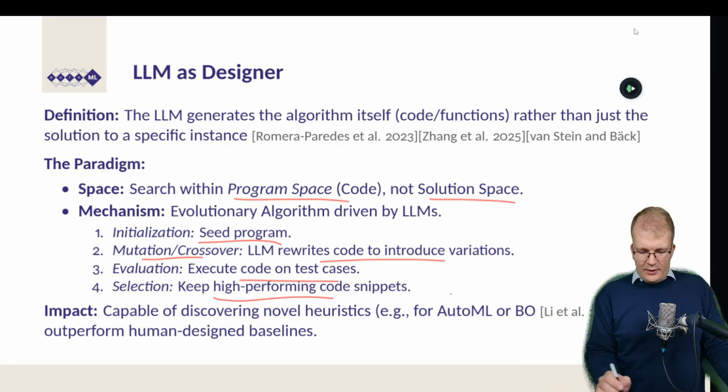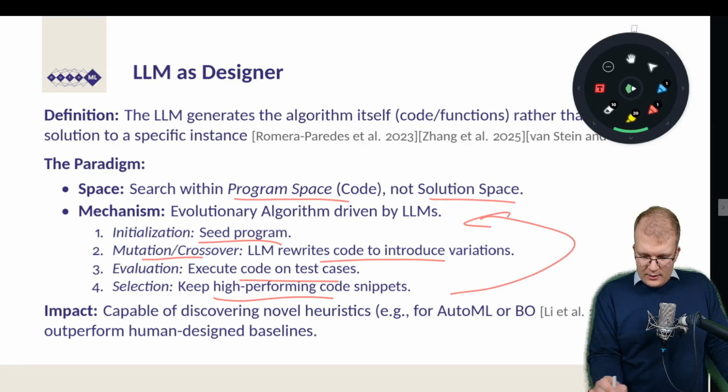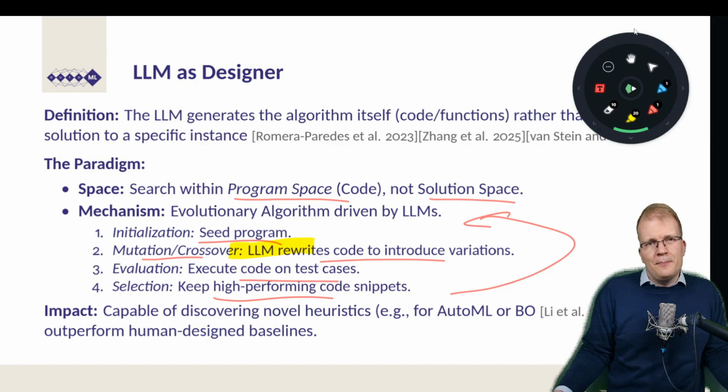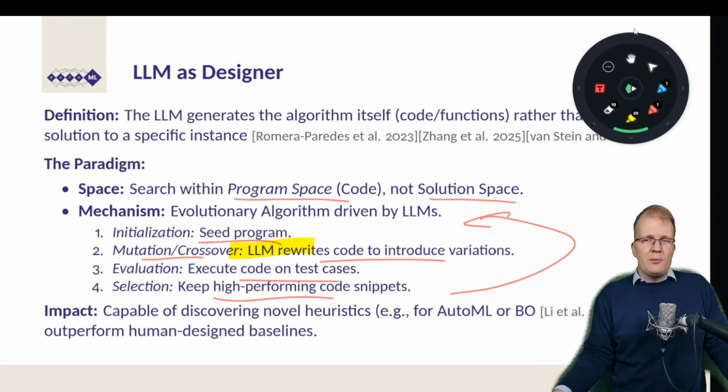So this is a very typical EA approach, where the important part is that mutation and crossover are done by the LLM. So we can discover novel heuristics here, for example, for automated machine learning or Bayesian optimization, the different kinds of approaches for how that can be done. And it has been shown that we can outperform human-designed baselines with that.